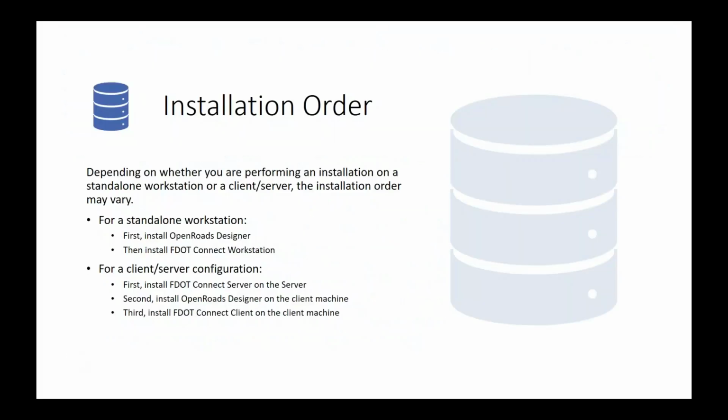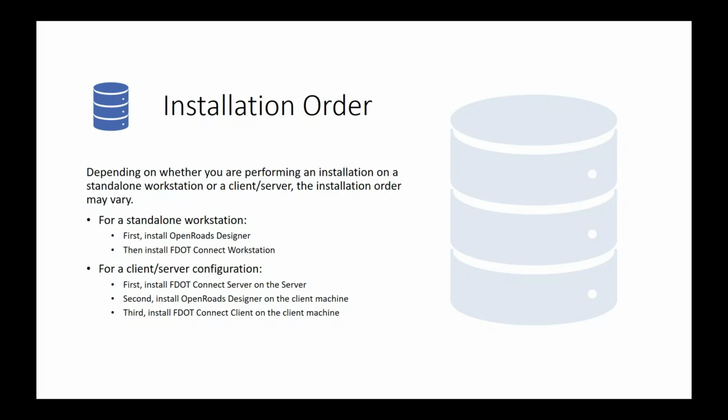So in what order should the various software be installed? Depending on whether you're performing a standalone workstation installation or a client-server installation, the installation order may vary. For a standalone workstation, you will install the OpenRoads Designer first. During this installation, follow the additional configuration steps outlined in the FDOT Connect installation guide and specify the custom configuration location in which you will ultimately install FDOT Connect Workstation.